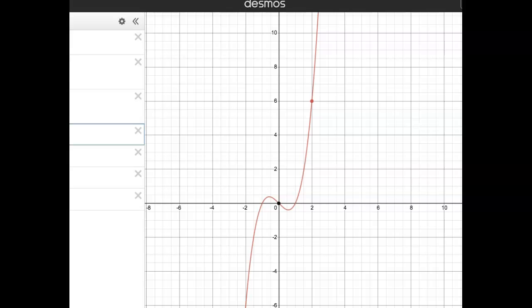And so let me connect the endpoints with a line. Y is 3x. All right, so that's the average slope of that curve on that interval.